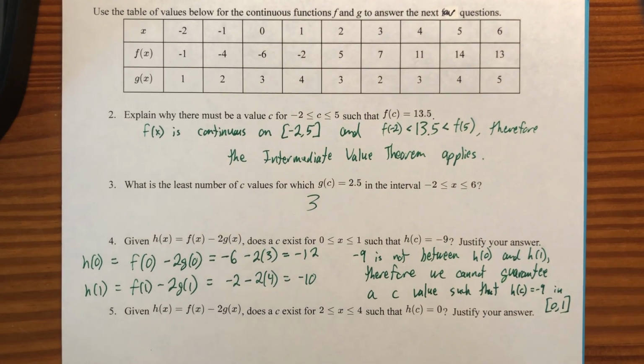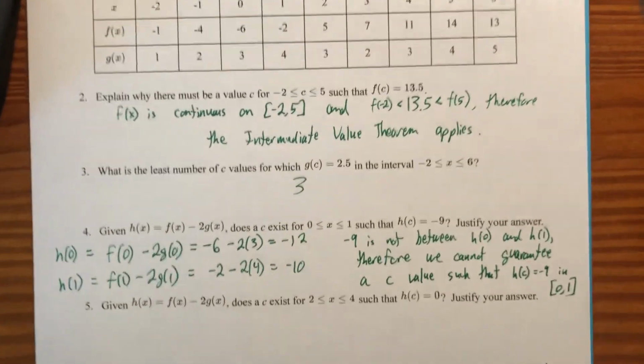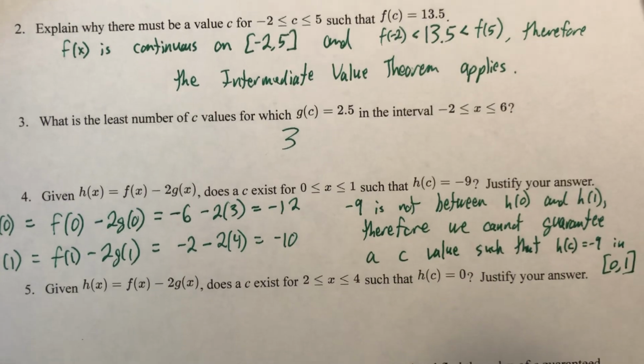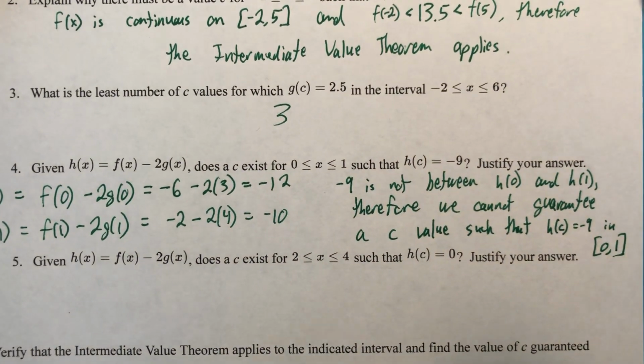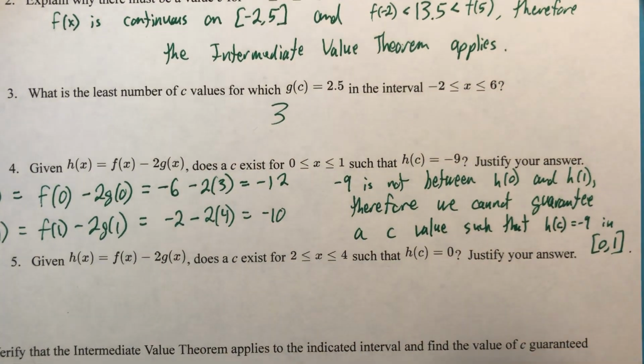Okay, it's kind of lengthy. Let me zoom in for you a little bit here. There it goes, right there. And basically we just said the intermediate value theorem does not apply, but we told you why it does not.